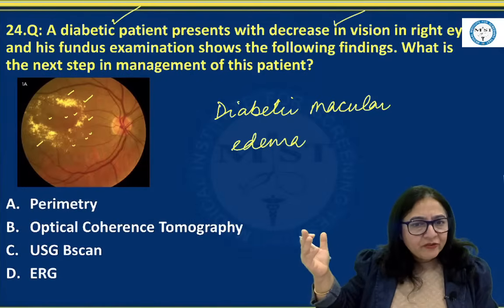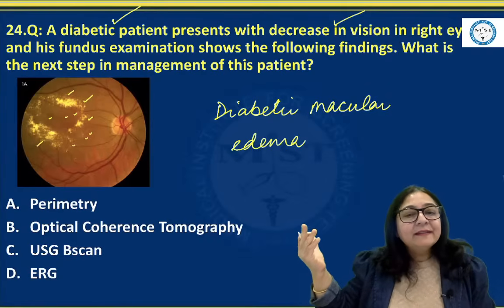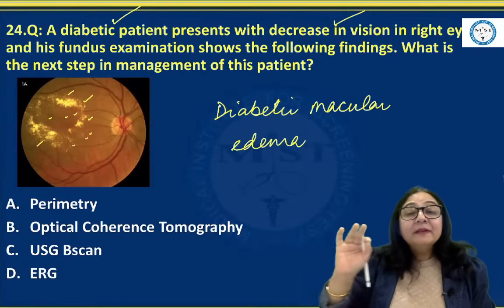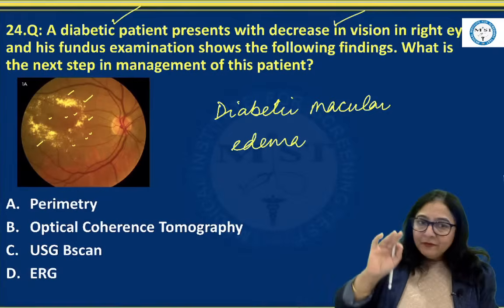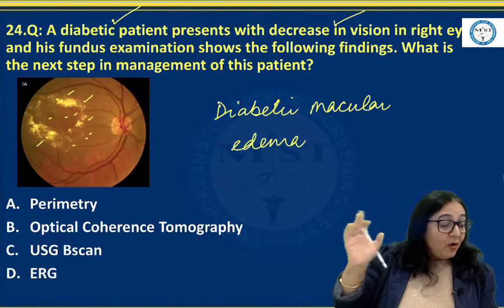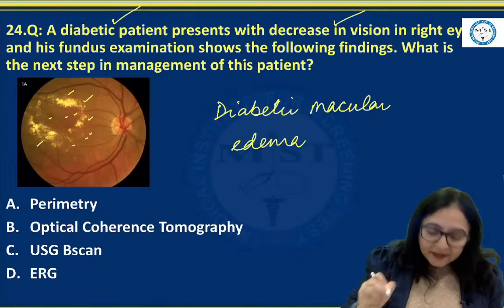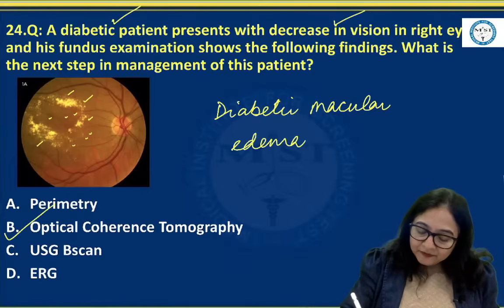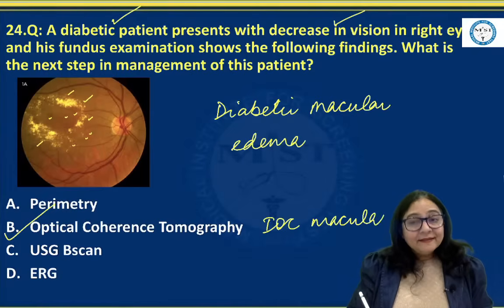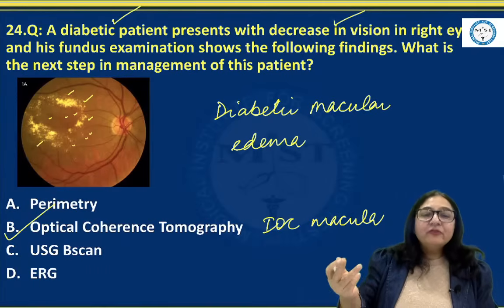Will you do perimetry? Perimetry is the visual field examination. Will you do optical coherence tomography? Will you do ultrasound B scan? Or you will do ERG? Okay. Of course, you will do optical coherence tomography because that is the investigation of choice for macular diseases. Perimetry is for visual field.